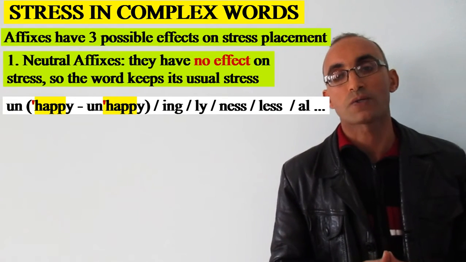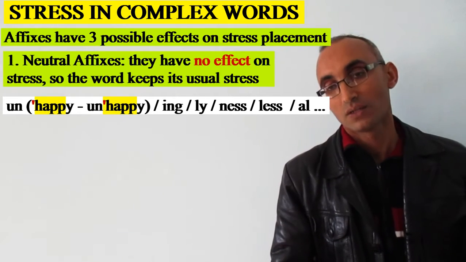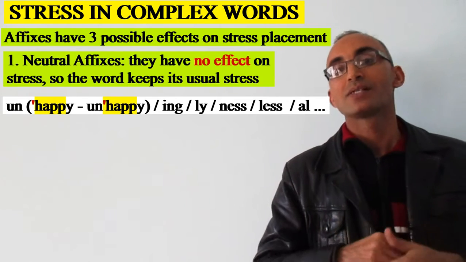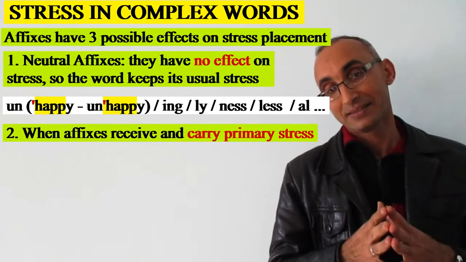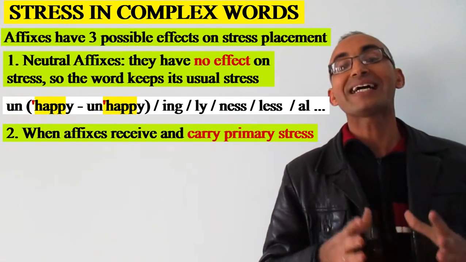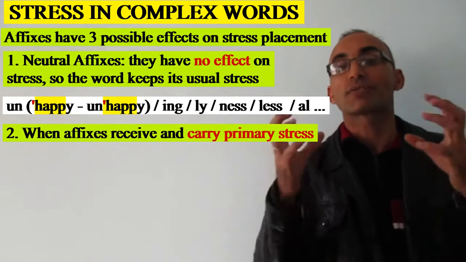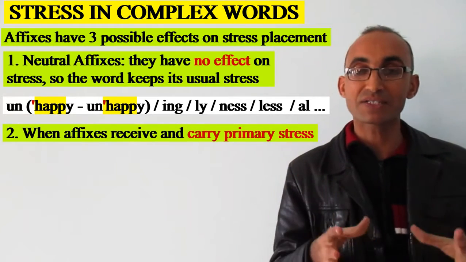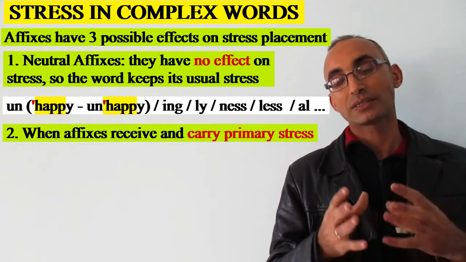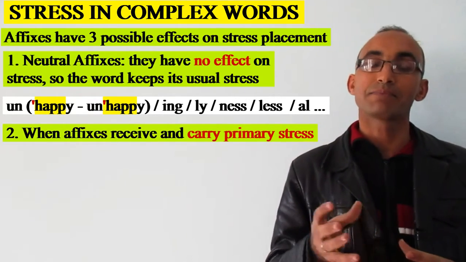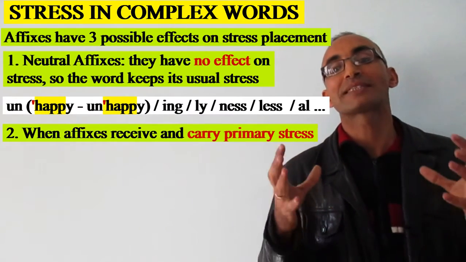In complex words. Now, the second effect of affixes on stress placement represents the case when affixes receive and carry primary stress. It means they are themselves stressed. Clear? Sometimes in words we have some prefixes and some suffixes which carry primary stress in themselves.